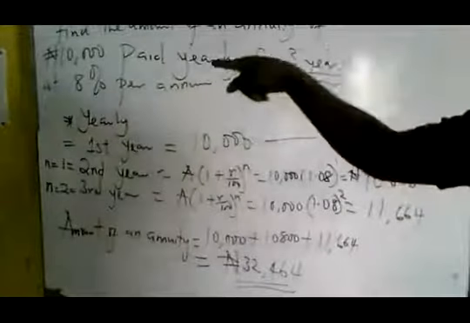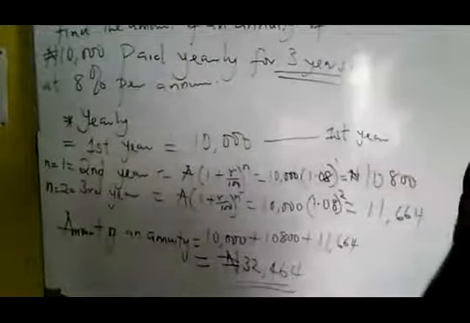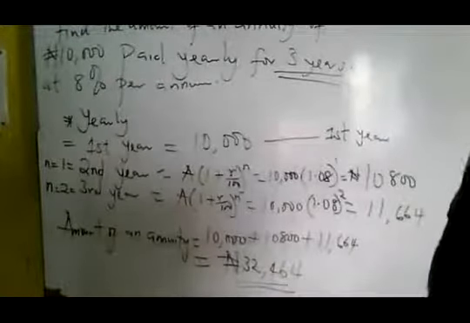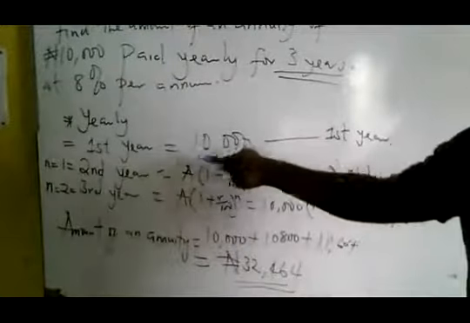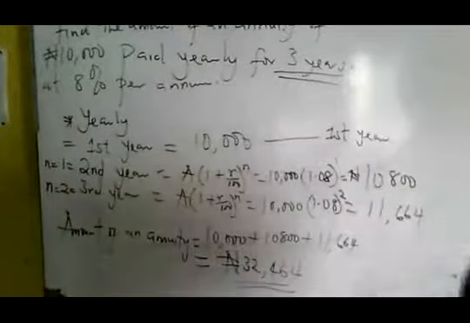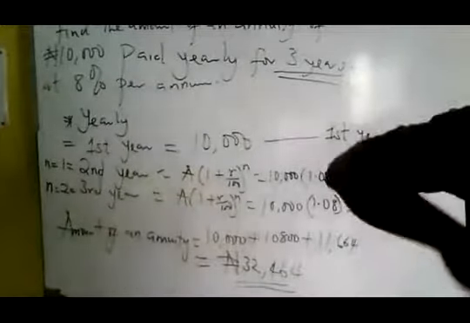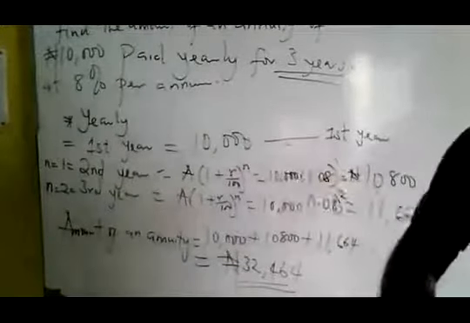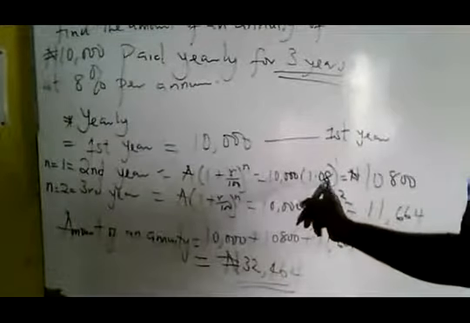Now, they said find the amount of an annuity of 10,000 naira paid yearly for 3 years at 8% per annum. So in the first year, because you're not taking inflation into consideration, the person is going to collect 10,000 naira. Good. Now, in the second year, because it is at the end of that first year, whatever interest rate would be 8%.